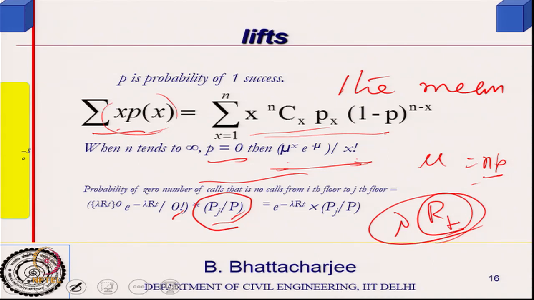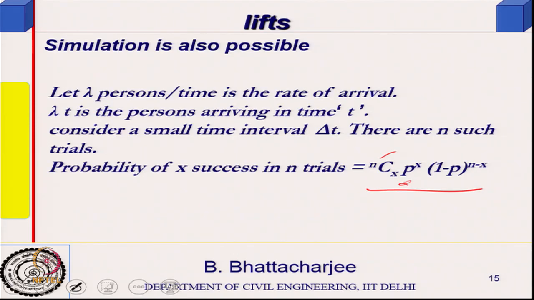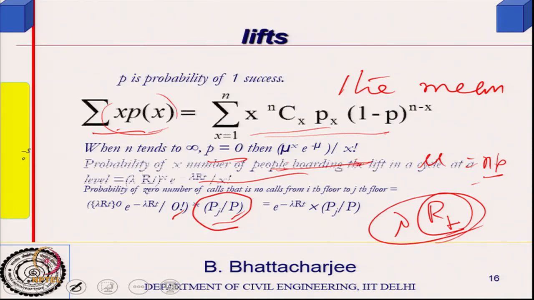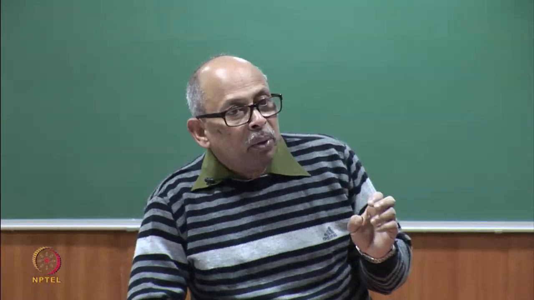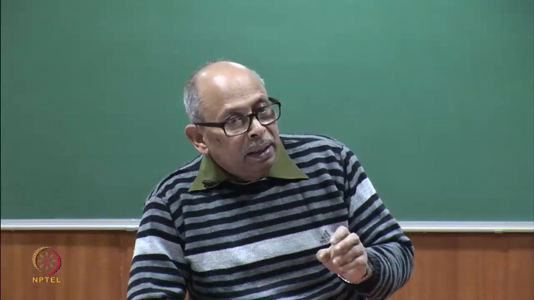If you go back to the previous slide for the binomial distribution, the number of people boarding a lift is lambda RT, where lambda is the rate of arrival and RT is the round trip time.